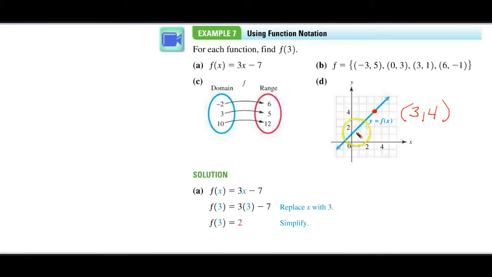So a number of interesting ways in which we use function notation where they give us part of it and we have to determine the other. Remember, they're giving us the independent variable. We have to find the dependent variable from that information, whether it's an equation, a series of ordered pairs, sort of like a Venn diagram, and then a graph.